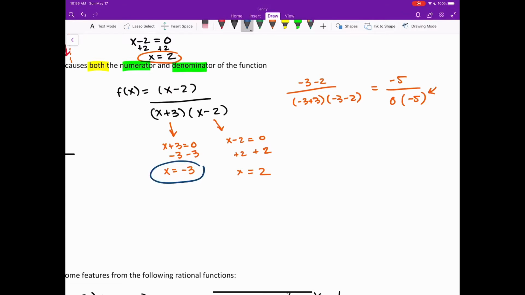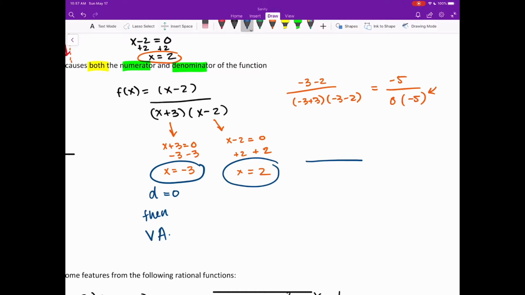So when only the denominator is equal to 0, as this value of x equals negative 3 makes the denominator equal to 0, then I would have a vertical asymptote, all right? Let's look at this other value, x equals positive 2.